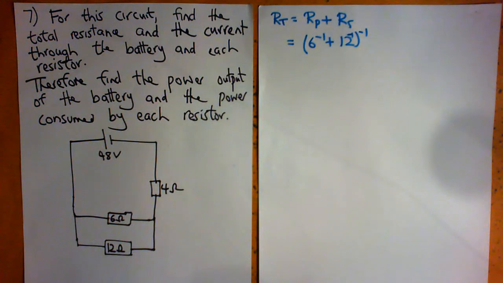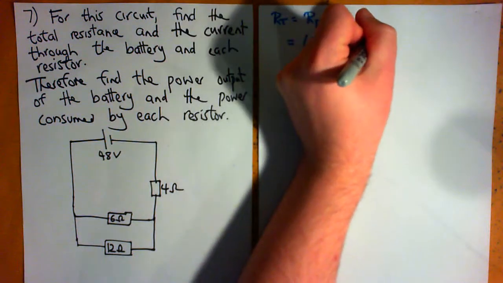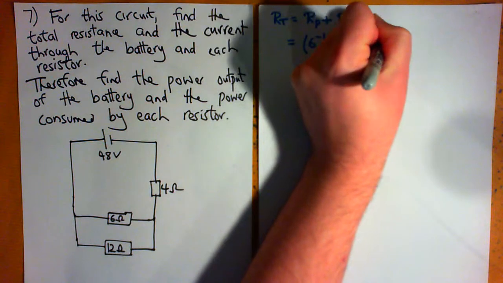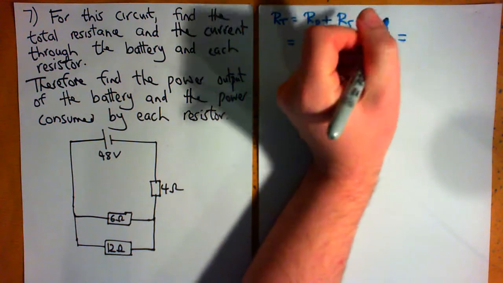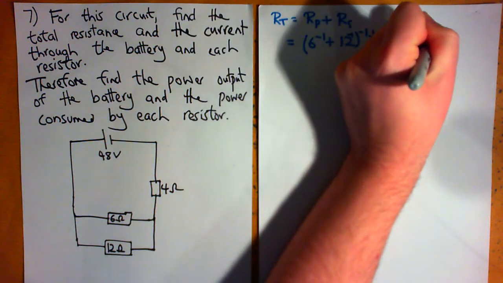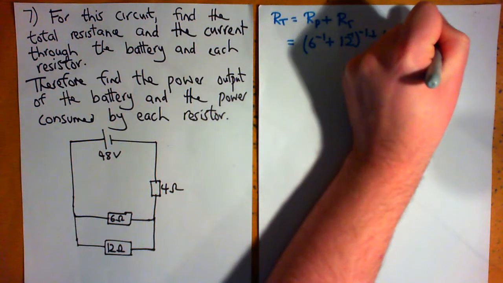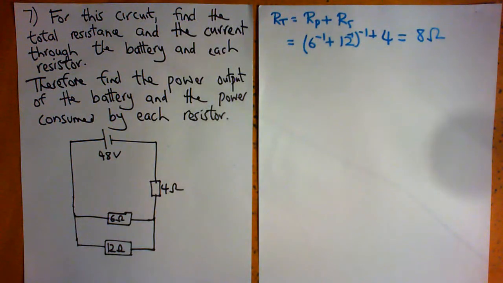If we calculate that, that's 1/6 plus 1/12. 1/6 is 2/12, so we have 2/12 plus 1/12 is 3/12. Take the reciprocal of that, we get 4. And then we need to add the resistor in series, which is 4 ohms, so we get a total resistance of this circuit of 8 ohms.